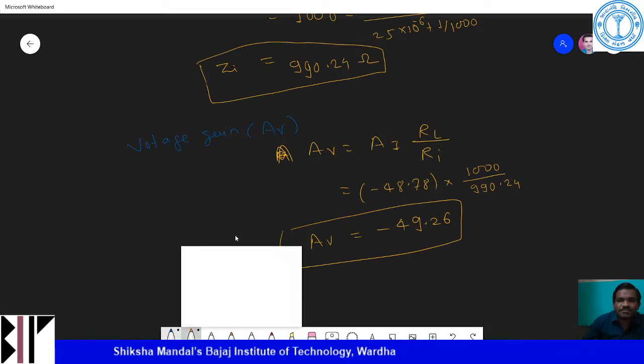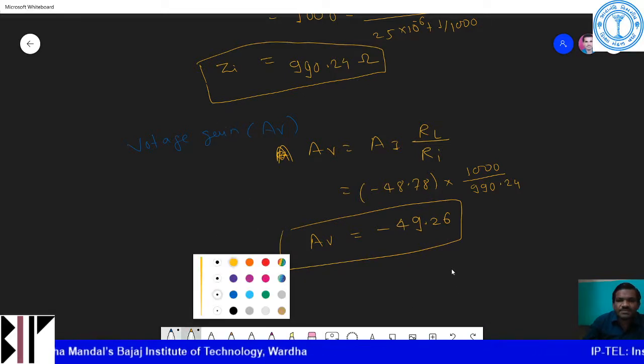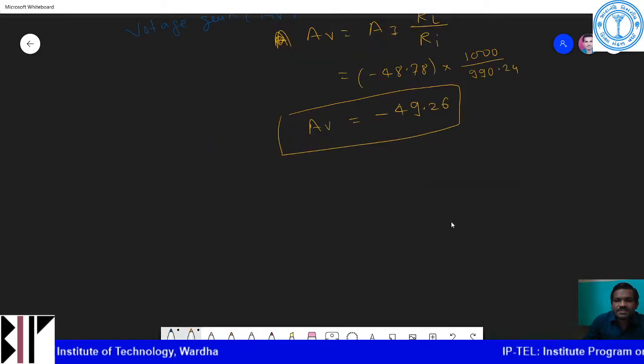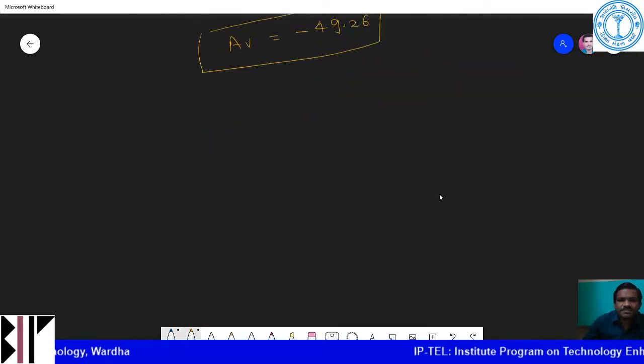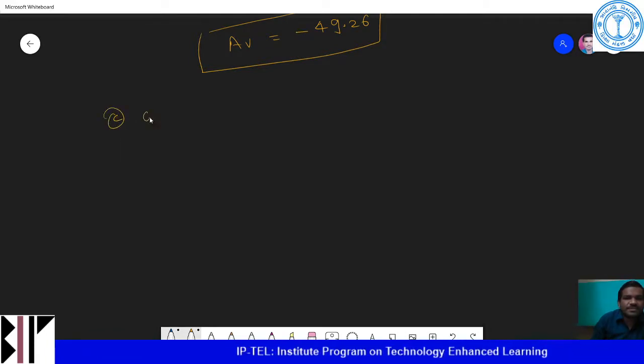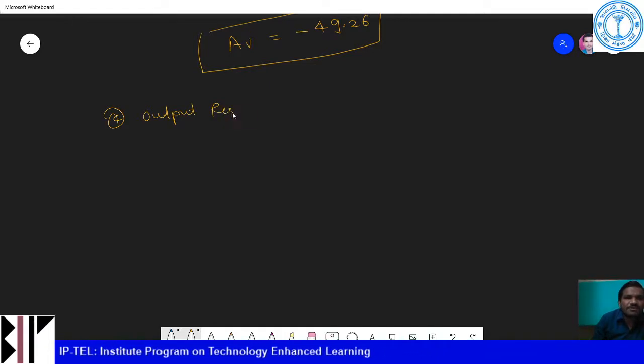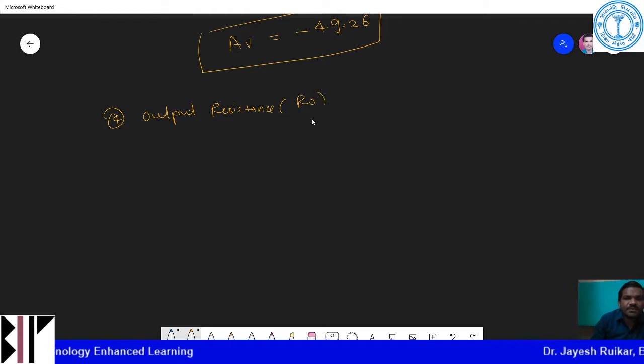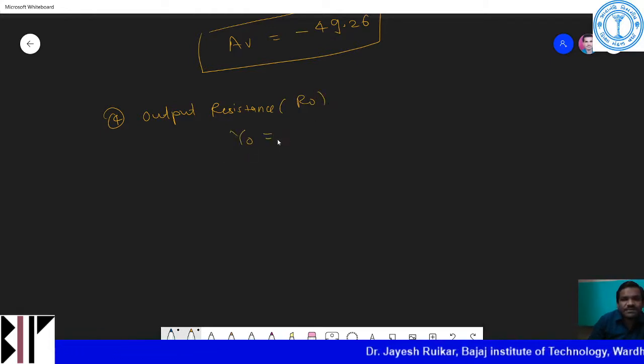Next is your output resistance. I can calculate output resistance in terms of output admittance value. Okay, so the fourth factor is your output resistance, that is RO. We have the formula for output admittance YO.